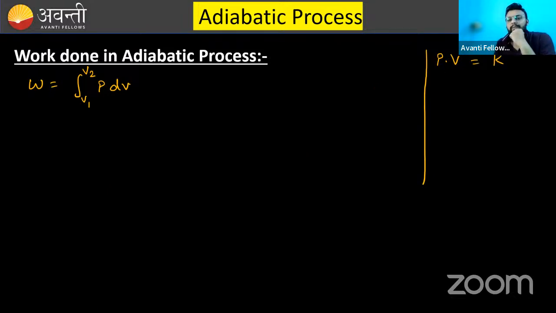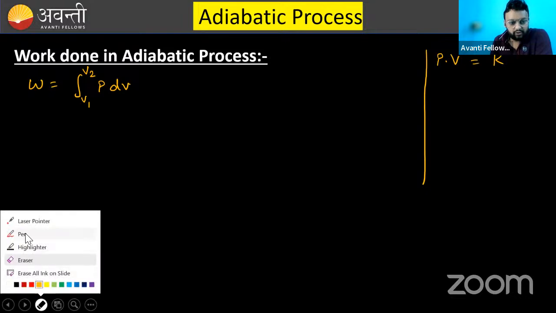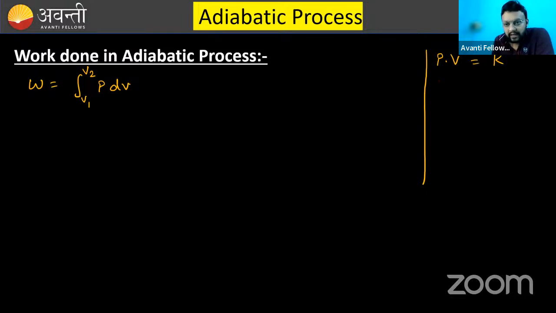So P V raised to the power gamma is K. Here gamma is the adiabatic constant, which is Cp over Cv. That's also been discussed in the previous class. Now, one more thing that you should know: if we calculate P from here, then P will be K over V raised to the power gamma. Let's suppose it is equation number 1.